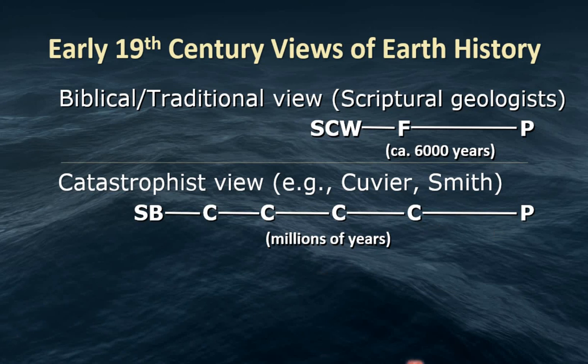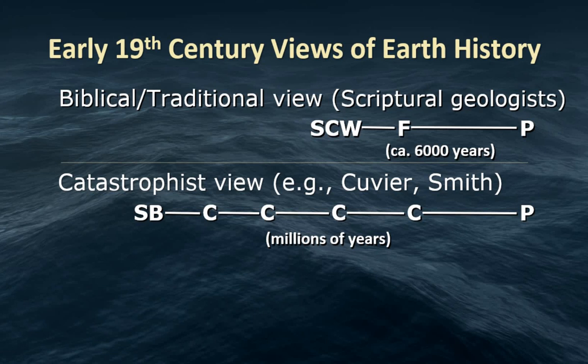They believed in God, but they imagined that over the course of untold ages, millions of years, every so often there would be a regional or global catastrophe that destroyed much of the earth and much of the life on earth. And after each catastrophe, they believed that God created new creatures. So every C on that diagram, God was creating new creatures because they all died.